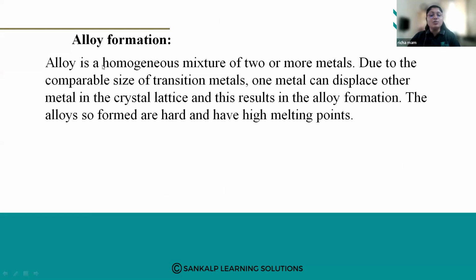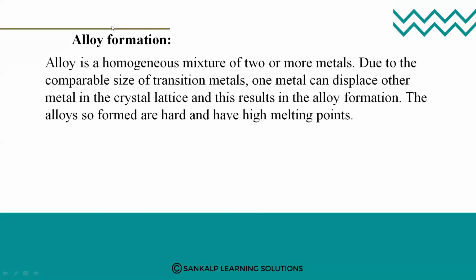Alloy means a homogeneous mixture. Homogeneous mixture means when two or more components are added, they form a mixture with uniformity, and there will be no boundary between the compositions.